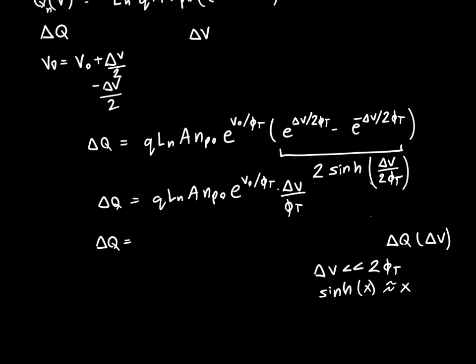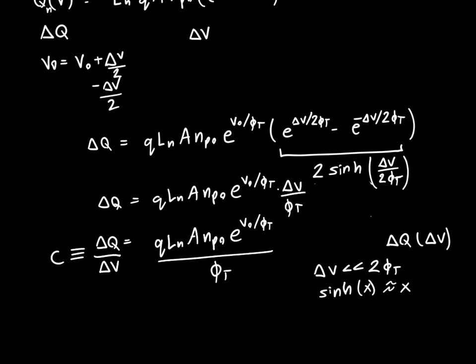Or if we're interested in the capacitance, which we defined earlier as delta q over delta v, that's just this expression, e to the v naught over phi t, all divided by phi t. And so this is our diffusion capacitance, C diff.